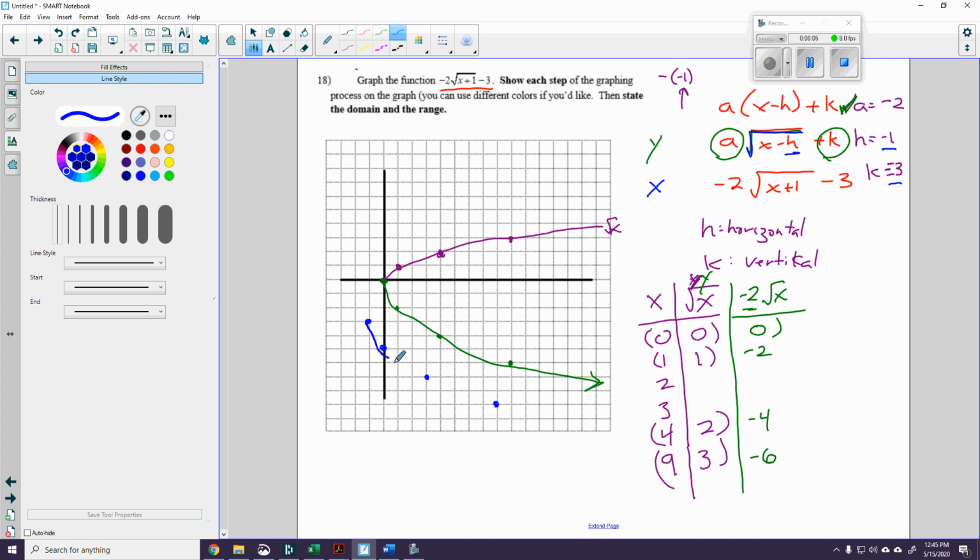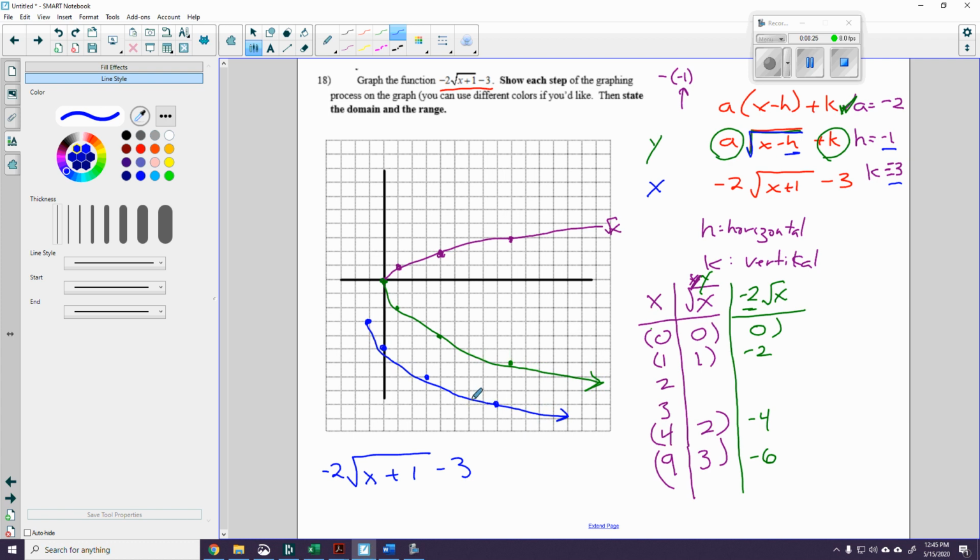I'm going to connect the points. I'm sorry, it's a little bit sloppy. Okay, the blue one is the graph of -2 times the square root of x plus 1 minus 3. That is my final graph.